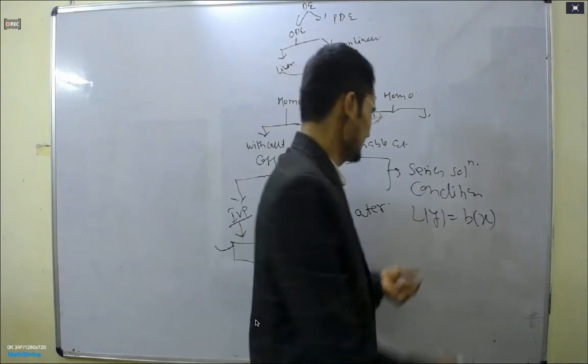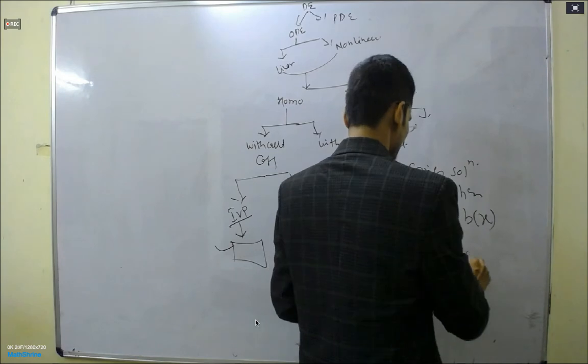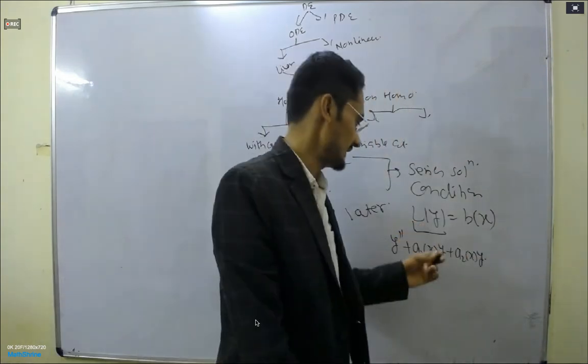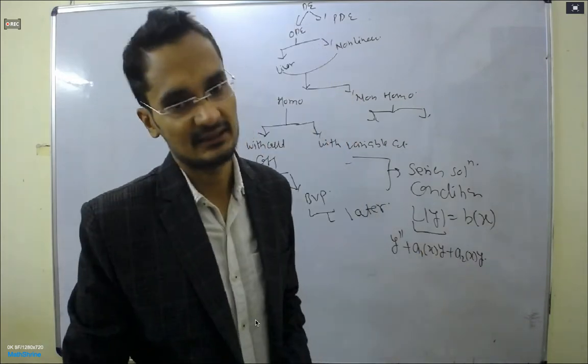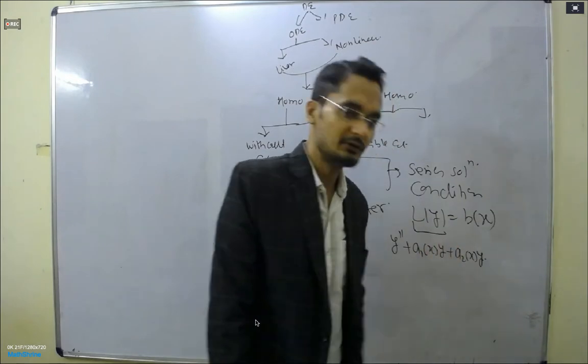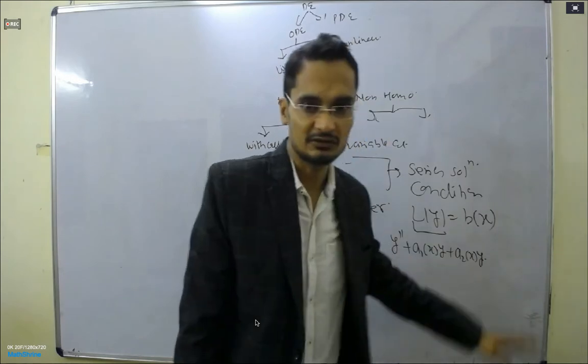So this Ly has the standard form y'' + a1(x)y' + a2(x)y. This is the differential equation for Ly, where a1 and a2 must be continuous. This is the sufficient condition. If a1 and a2 are continuous, then we can say something about the existence of the solution.